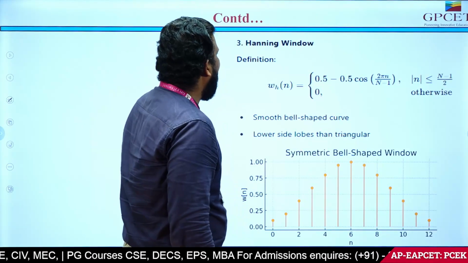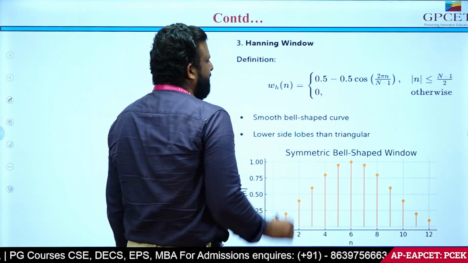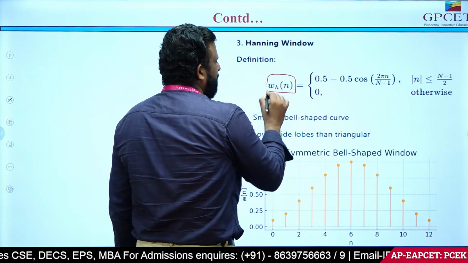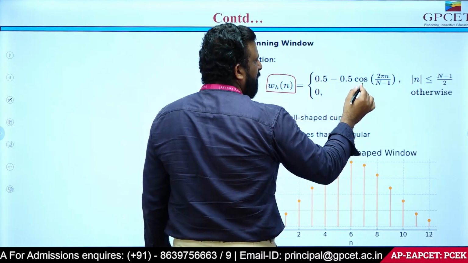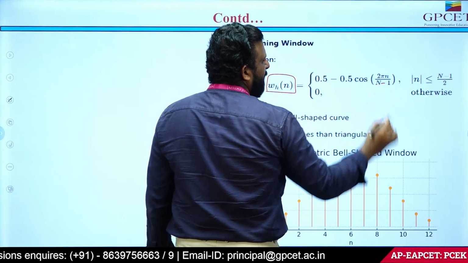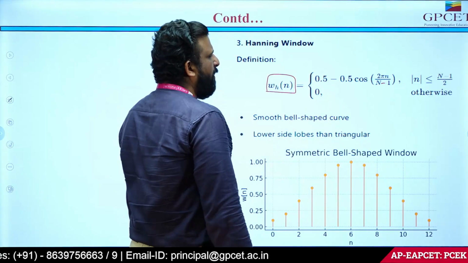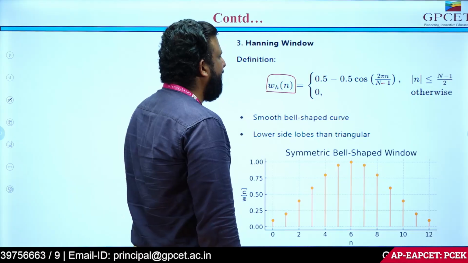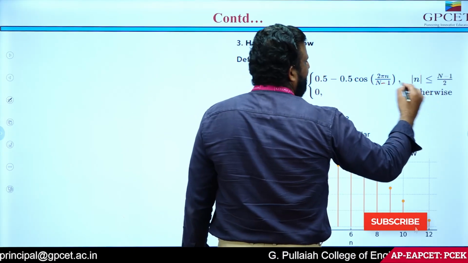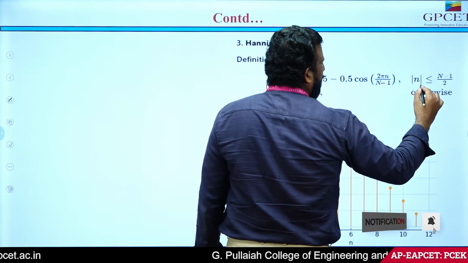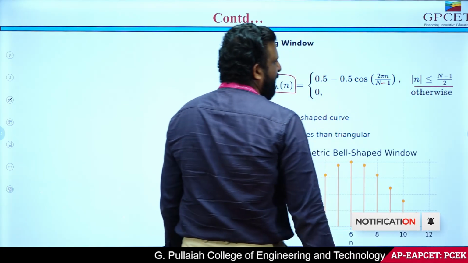The next one, the Hanning window. The condition is WH of n, which is equal to 0.5 minus 0.5 cos of 2 pi n by (N minus 1), for mod n less than or equal to (N minus 1) by 2.